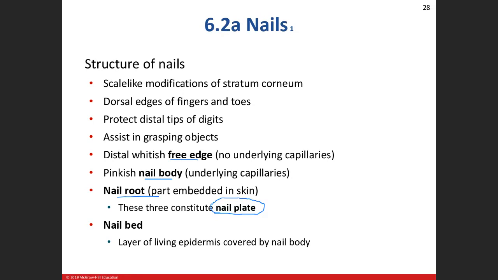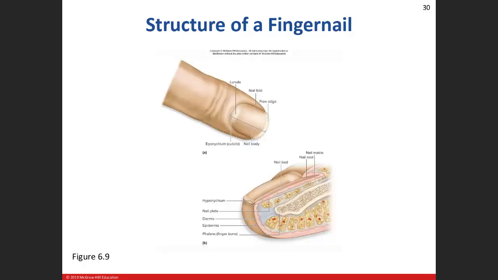Now we go deep underneath the actual nail plate, where we see the nail body. We have this structure here called the nail bed. That is living epidermis, so keep that in mind. It's living, it hasn't keratinized, all that stuff going on. That epidermis is alive.